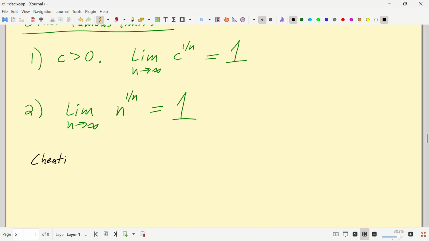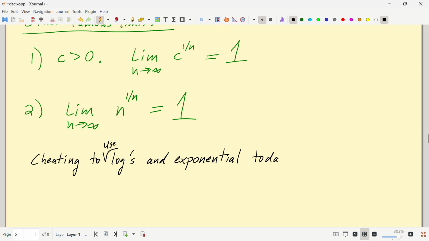But I did it anyway. Cheating to take logs and exponentials, because I haven't really studied them in detail yet in the way that we're doing math analysis from first principles. But the book shows that it can do something clever and avoid using logs and exponentials to deduce these facts.